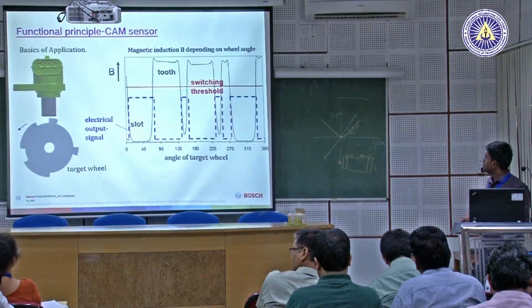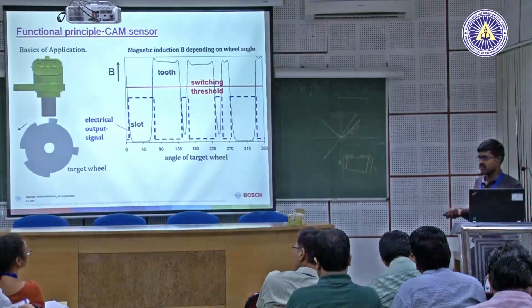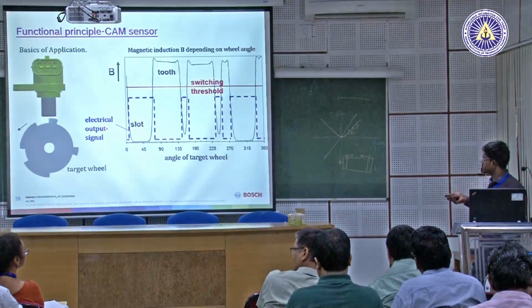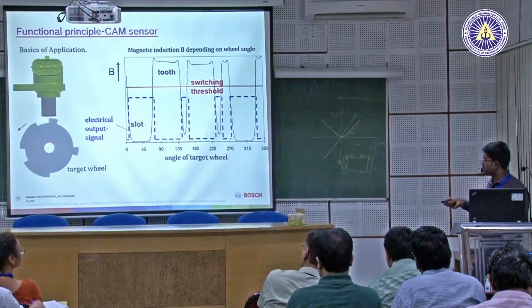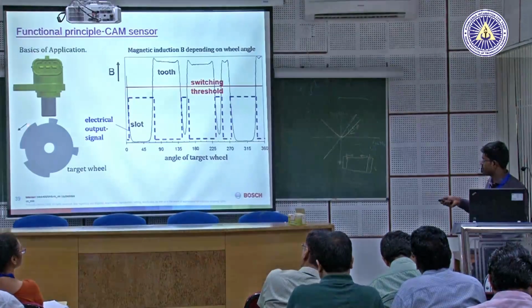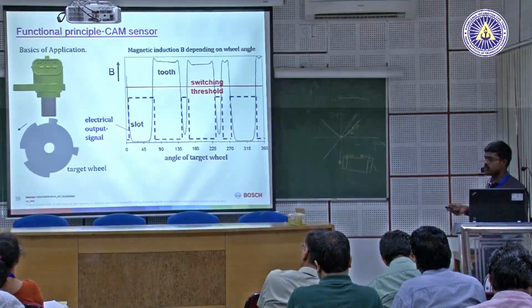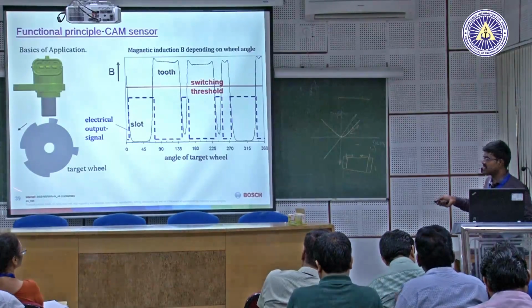Again it works on the principle of the Hall effect, which we discussed earlier. This is the typical target wheel, the cam wheel for a 4-cylinder engine. You have a different profile so that you can differentiate the cylinders. That's why the profile changes.